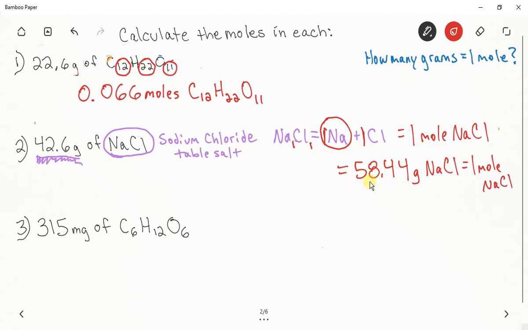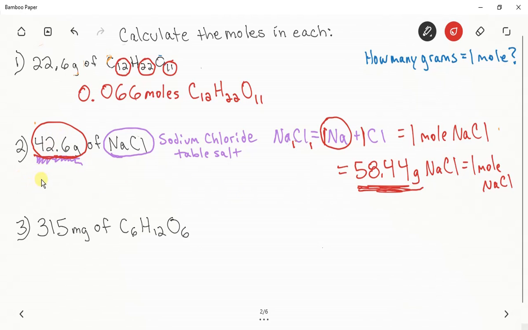But we don't have 58.44 grams, do we? Because now we can go back to our original problem. And our original problem says we only have 42.6 grams of sodium chloride. So 42.6 grams is less than 58.44 that's in 1 mole of sodium chloride. So we have less than 1 mole.